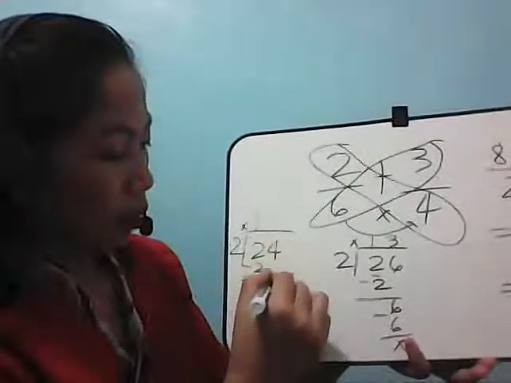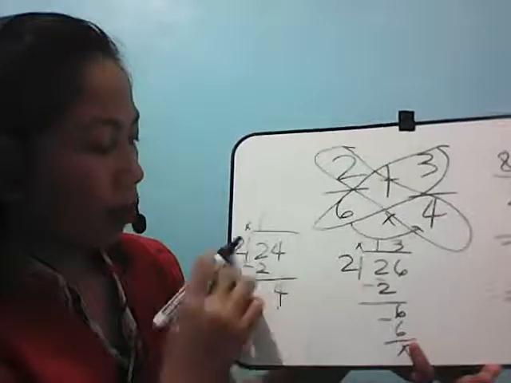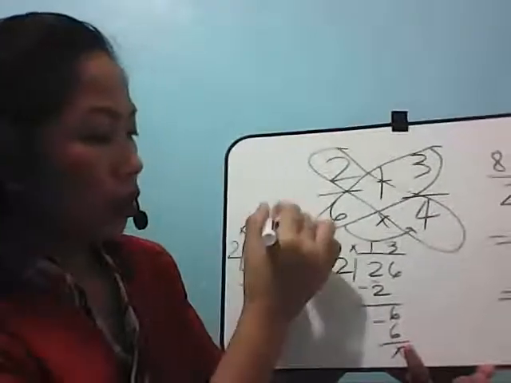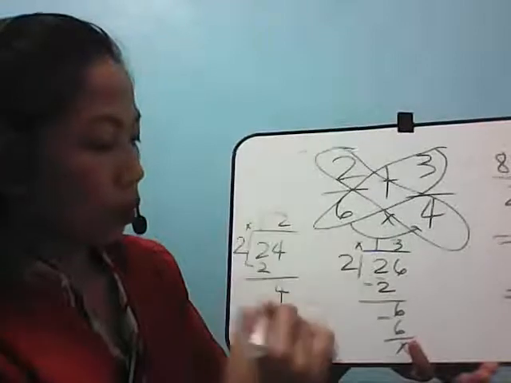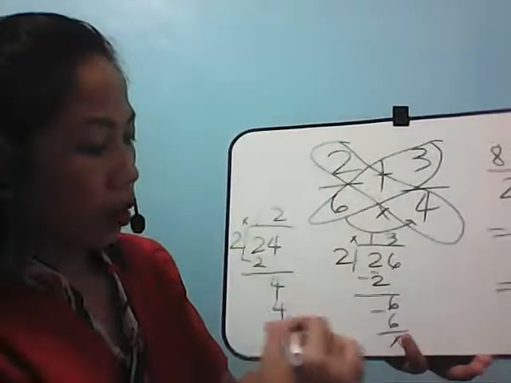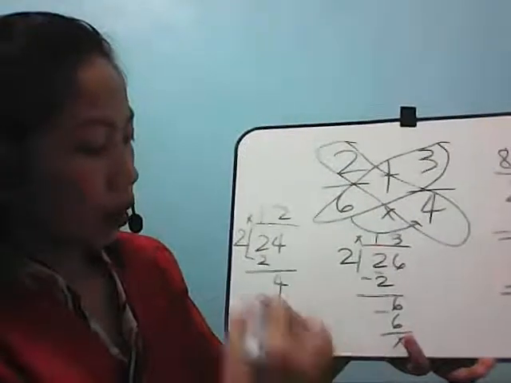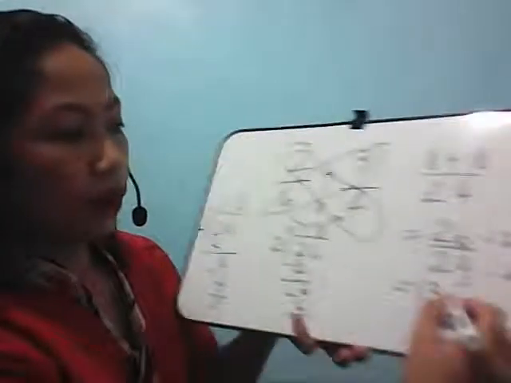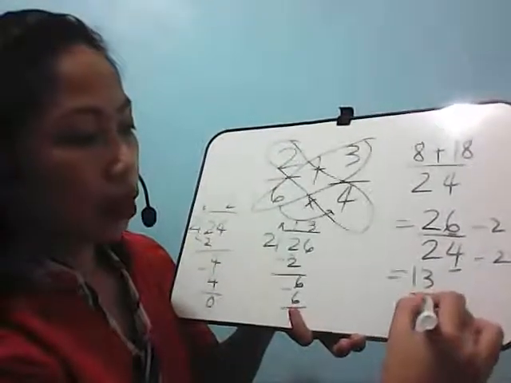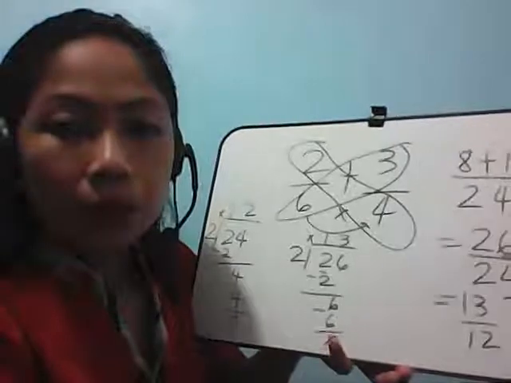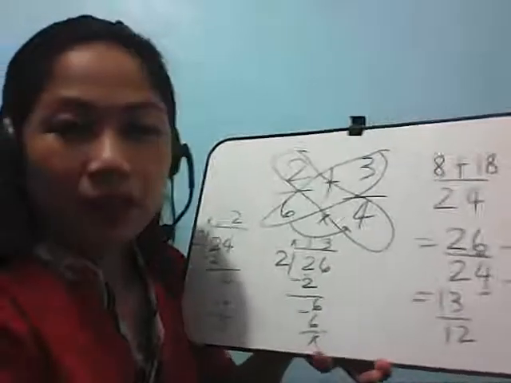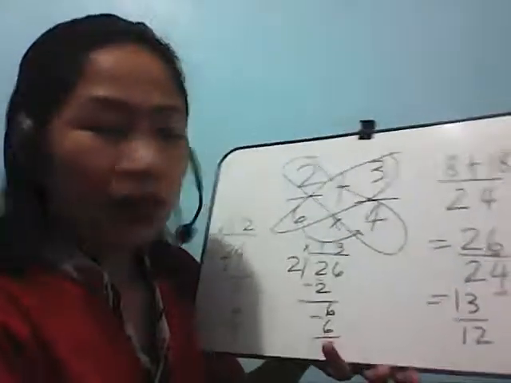Let us bring down 4. 4 divided by 2 is 2. 2 times 2 is 4. So our answer is 12. 13 over 12. You are correct, Ian. Thank you.